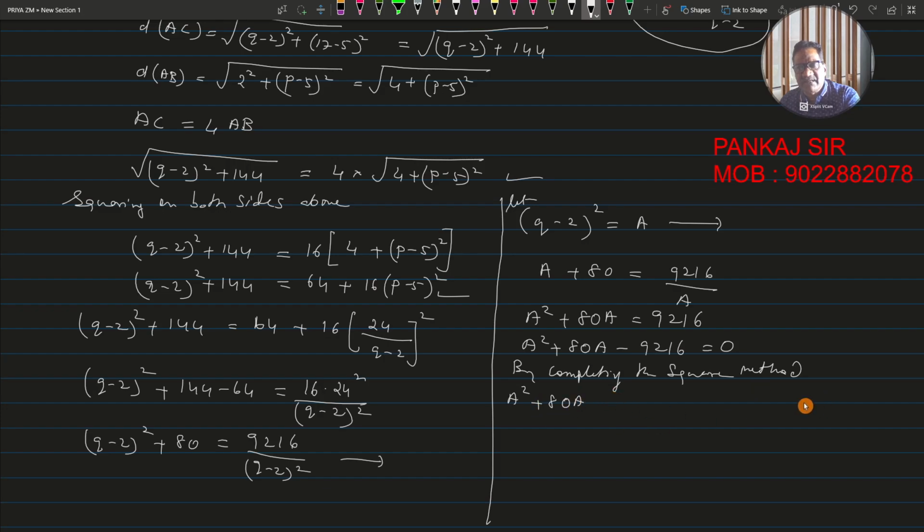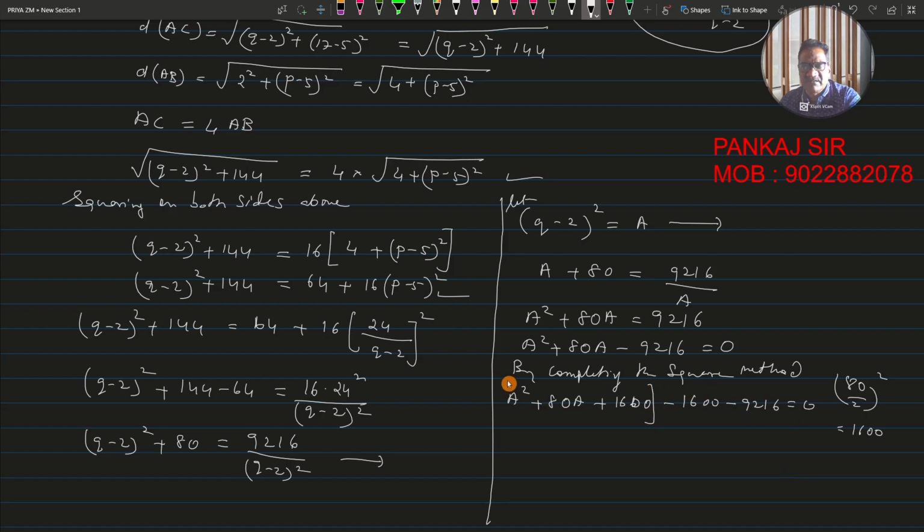Now the magic number for completing the square should be (80 upon 2) the whole square, which is 40 square, that is 1600. So I am going to add 1600, I am going to subtract 1600, and I'll complete this, minus 9216, equal to 0. Fine.